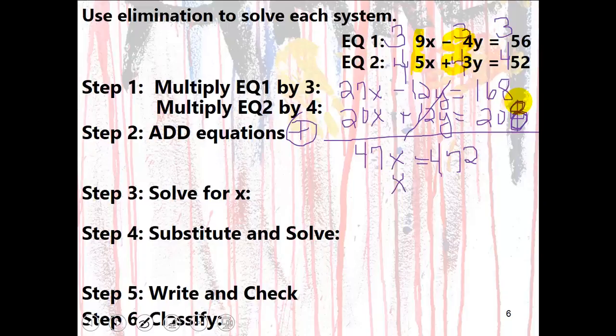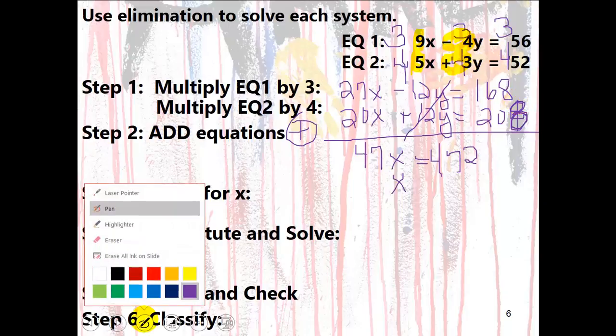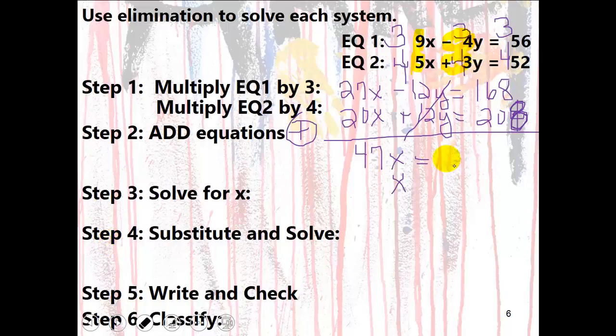Wow, I was way off. I need to erase. This is 376. Now what happens if I divide that by 47? Maybe I get a pretty number. I do. X equals 8.